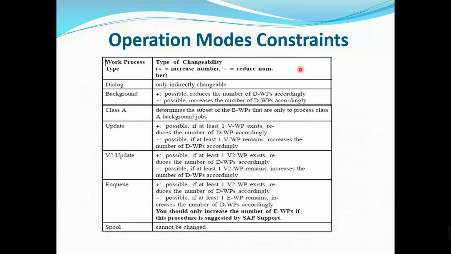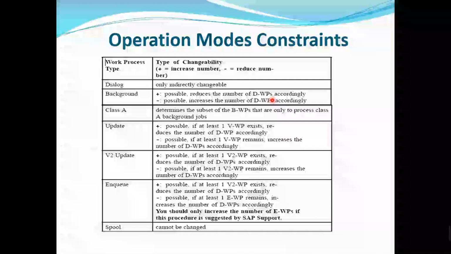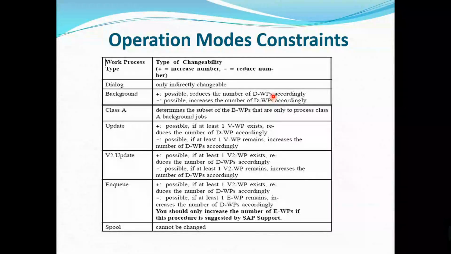These are some constraints, the gist of how you change the work process numbers through the operation modes. For dialog, it is only indirectly changeable. That means the dialog work process number in the operation mode cannot be changed directly, as you will see in the practical. It will be changed indirectly.